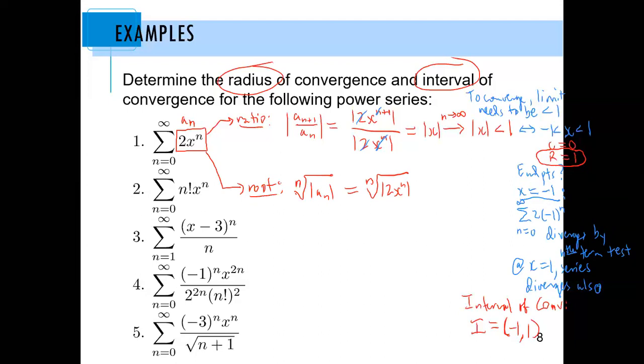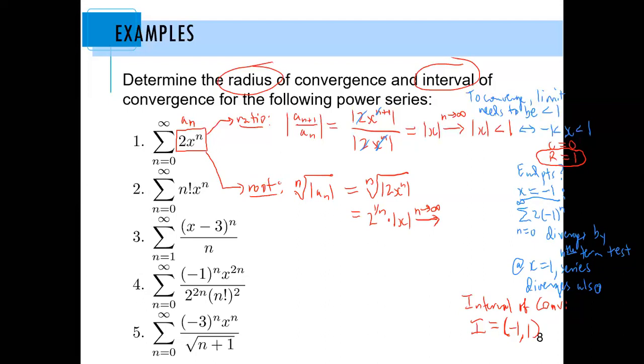Do you know what I'm saying? I can pull the absolute value inside. So this is going to be 2 to the 1 over n times the absolute value of x. And what happens to 2 to the 1 over n as n goes to infinity?